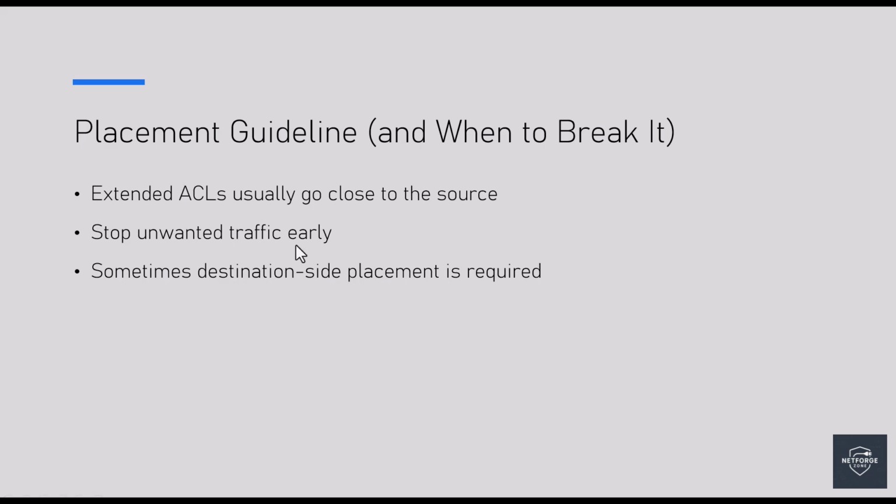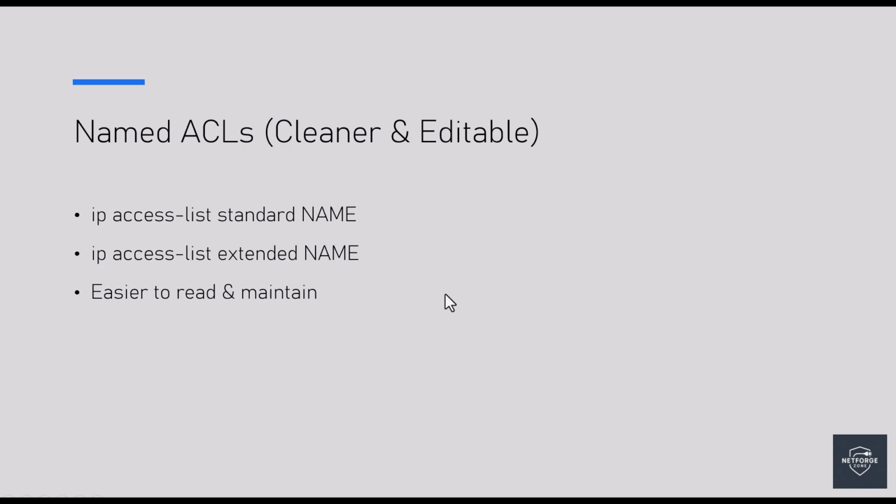Stop unwanted traffic early. You don't really want this in the end of the network. You want it in the beginning. Sometimes destination side placement is required. As you saw in my case, I had to go through this, and I couldn't really do this in the beginning. I could, but this was the best place that I could find.